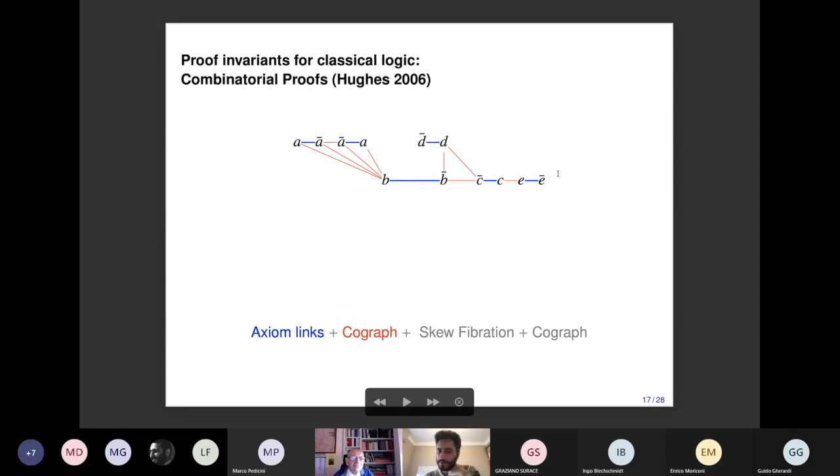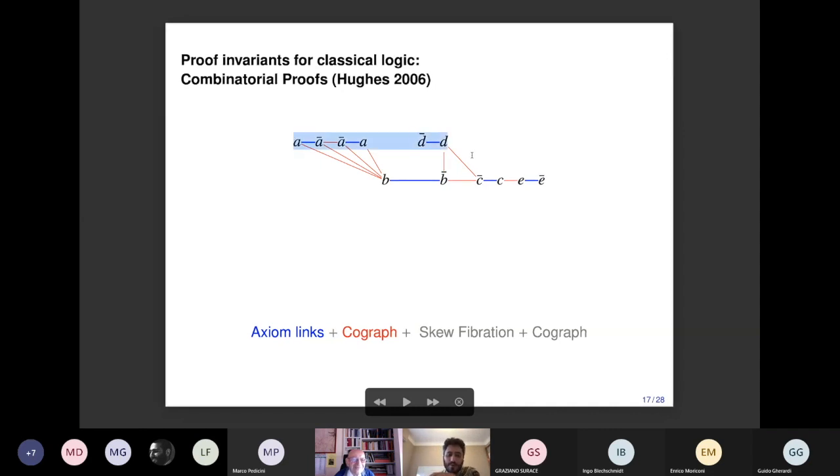the idea is that this graph has no cycle of alternating blue and red edges which has no chords. So for example, do we have a cycle here? No, we have no cycle there. Okay, bad example.